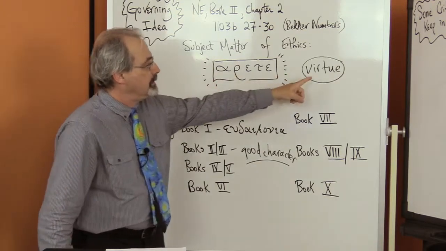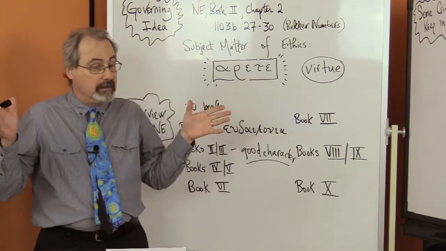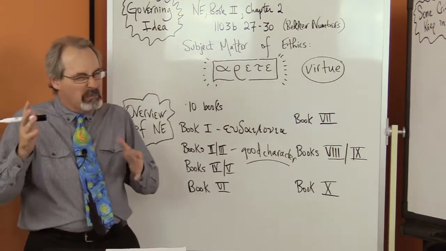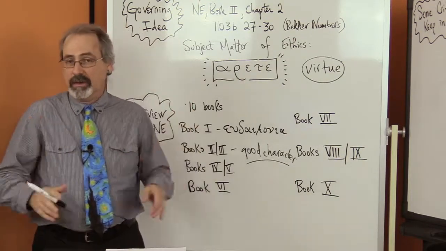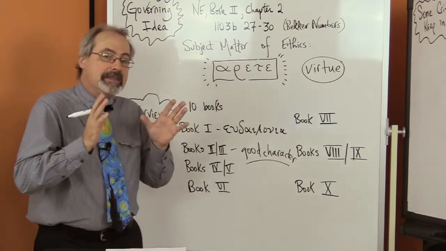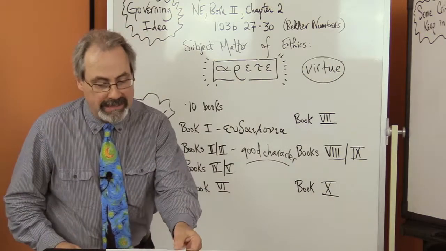And arete, I said, is translated as virtue. The problem is, again, when you use the English term virtue, you normally think about it as kind of moral and having to do with right and wrong and all that. It's true, Aristotle has that in his work as well. But just be careful about reading that as the complete notion of arete. Aristotle breaks it up.